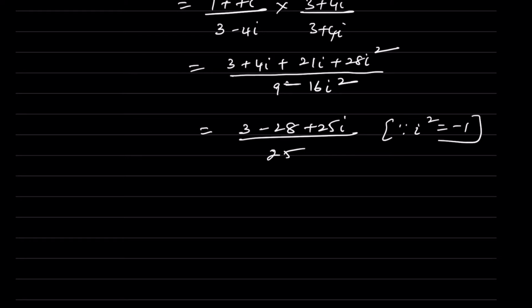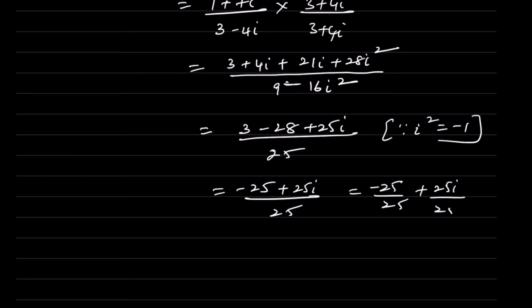So this can be written as (minus 25 plus 25i) divided by 25, which is minus 25 by 25 plus 25i by 25, which is equal to minus 1 plus i. So this is the answer for this.